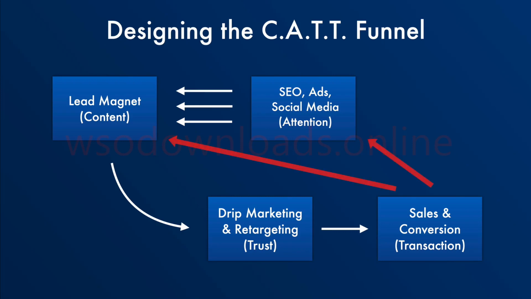It is also going to fund driving attention to the content. So each of these sections is a separate module in itself. And in this particular module, each of these sections is a separate video in itself. So first you have a bird's eye view, and then you go deep into it. Once you complete the entire CATT funnel, you will be able to build your own funnel and start making profits from it.